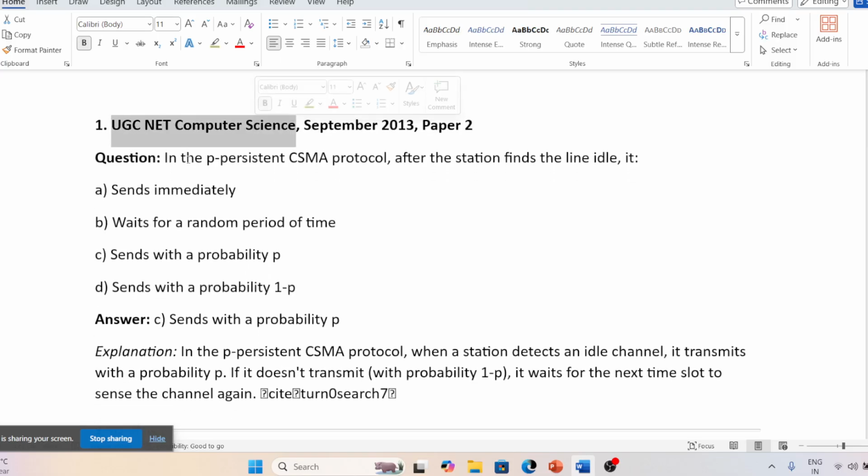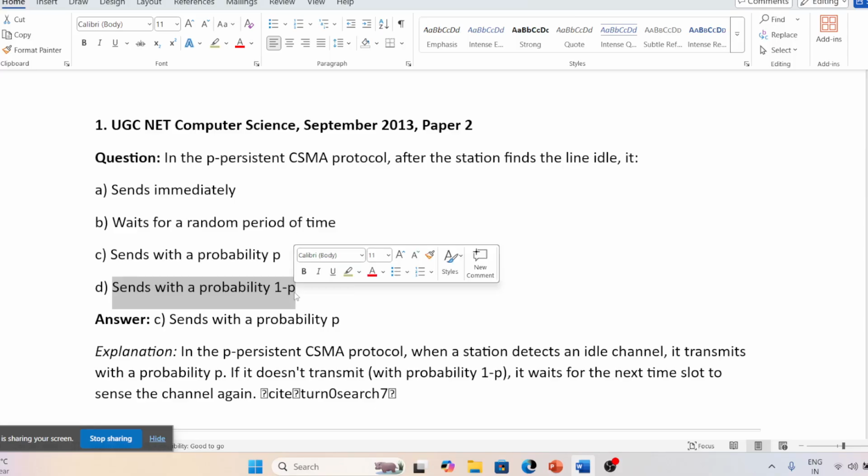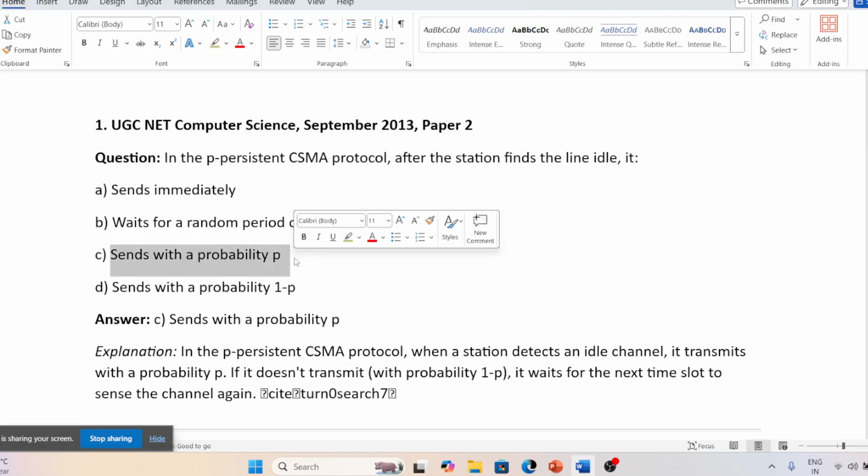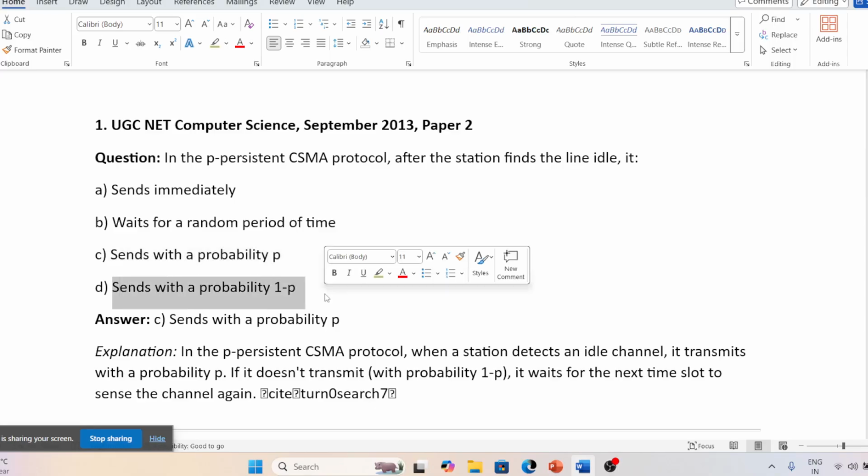Now this question was asked in UGC NET, in p-persistent. We have discussed 1-persistent, non-persistent, and p-persistent. So after idle, what do we do here? We use the probability. In p-persistent CSMA, the station finds the line idle. It sends with probability p.